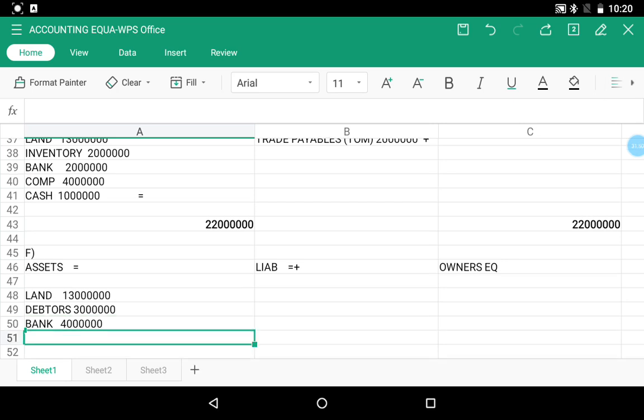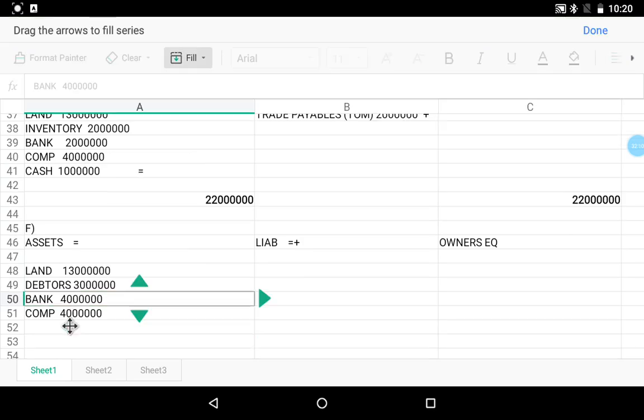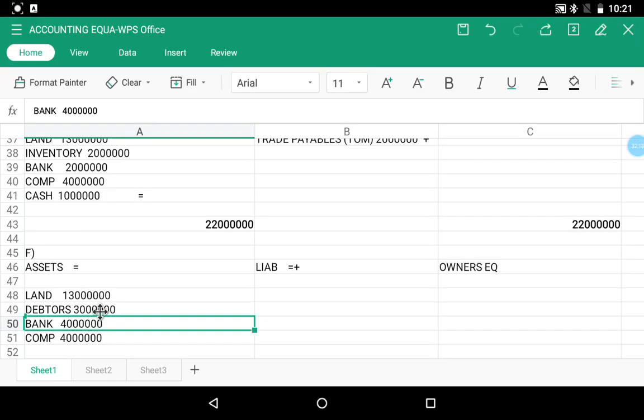Then we still have our computers, 4 million.